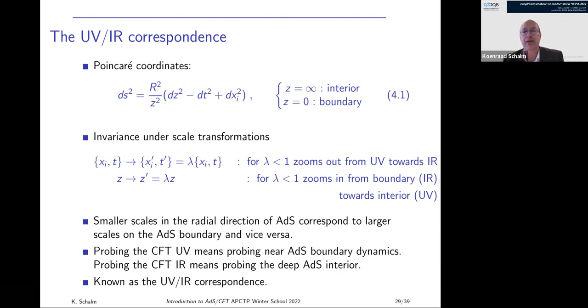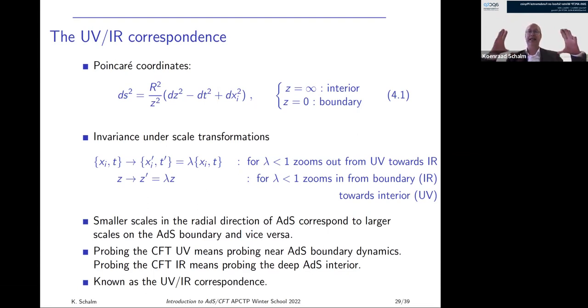However, notice that because Z is 0 is the boundary and Z infinity is an interior, if I would do the same for Z as I multiply by Z, what I do is I look more towards the larger values of Z and less towards the smaller values of Z. So actually, I'm therefore zooming in from the boundary towards the interior.